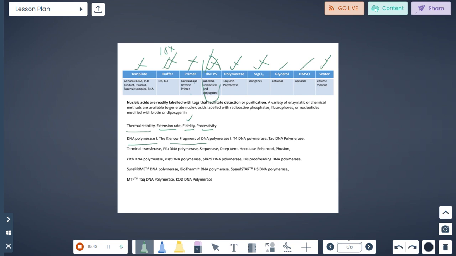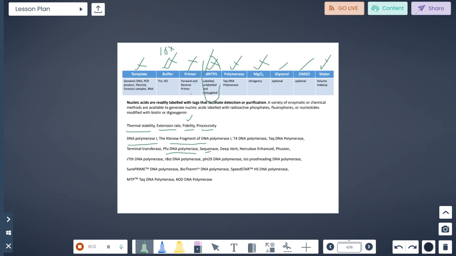So Pfu DNA polymerase also has 3' to 5' exonuclease activity. So if you are expecting very high fidelity, you can use a Pfu polymerase. Sequenase is a mutated Taq DNA polymerase, which is generally used for Sanger DNA sequencing, because you are using a labeled dNTP.